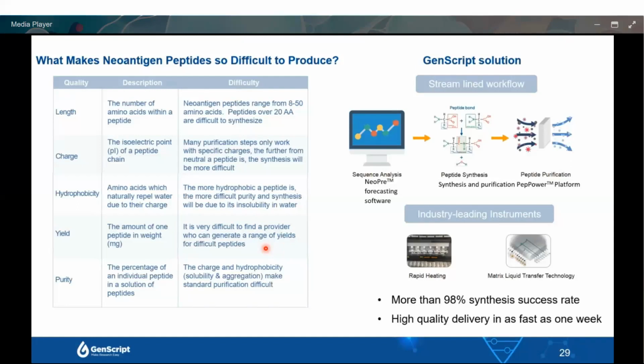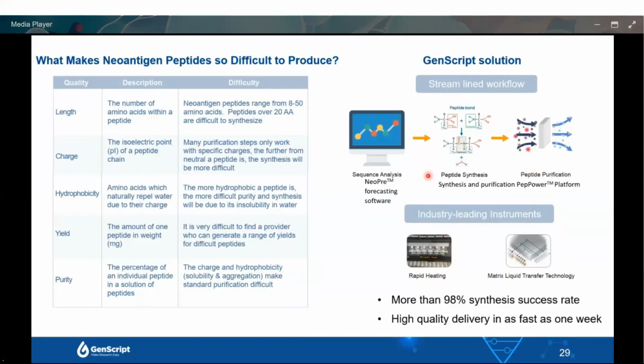Okay, that's the evaluation when we produce the peptides. In order to solve this, GenScript has a streamlined workflow, starting from sequence analysis with software to peptide synthesis and purification.